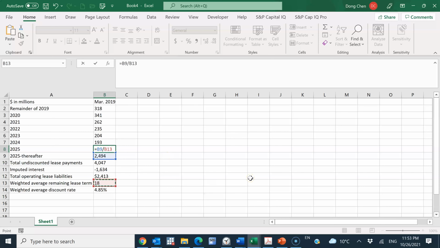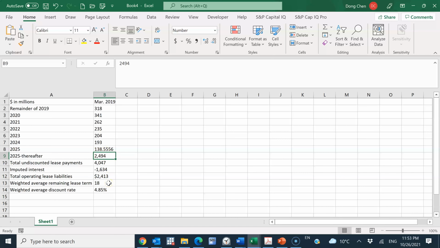So we have 18 years to go, and that sums up to 2494. So each year we expect to have this lease payment. Remember, this 2025 means that it's going to be 138.56, and that continues for 18 years.